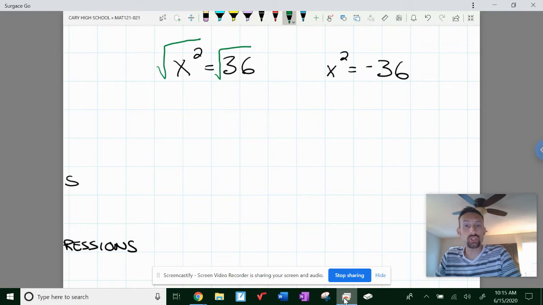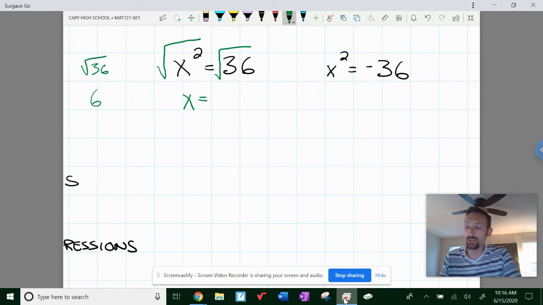Now, because we are solving an equation, the square root of 36 is 6. If this was just an expression without an equal sign, and I said, what's the square root of 36? Then you would just say 6. But because this is an equation, I have to consider all values of x that make the equation true. And so there's actually two answers here.